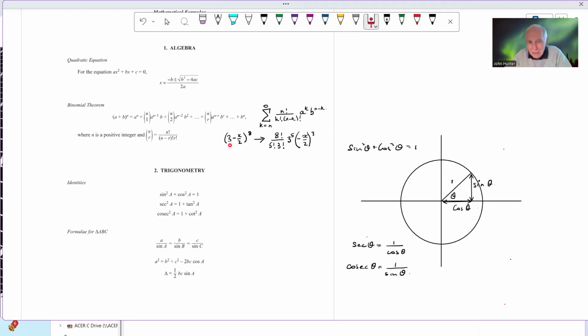So that would be the term in 3 to the power of 5. So basically our coefficient is 8 factorial, which of course is the power to which we're raising it, then 5 factorial times 3 factorial. And those come about from these terms: 3 to the power of 5 and (minus x over 2) to the power of 3.